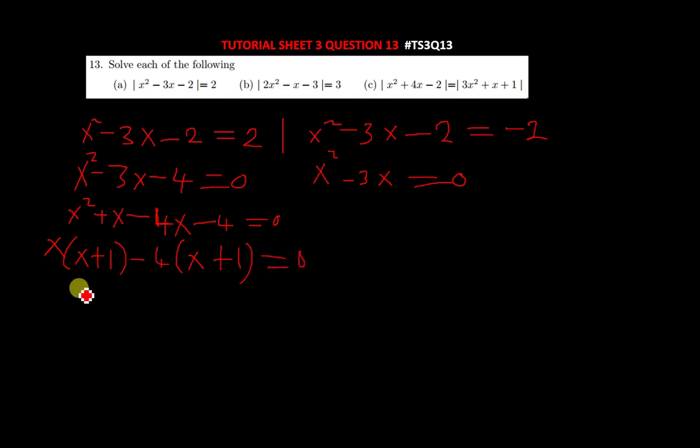And then you write your x plus 1 in brackets, x minus 4 in brackets like that. Then when you equate these to 0, you are going to find your x value to be equal to -1, and then another x value will just be equal to +4.